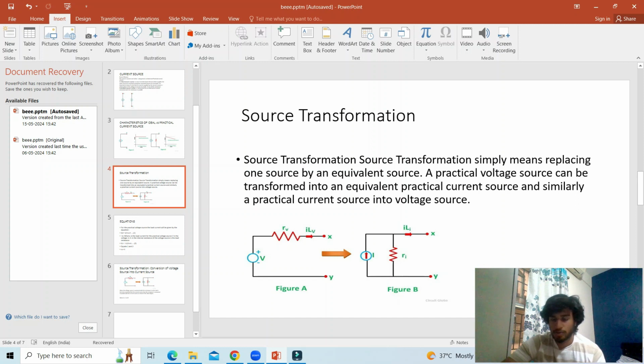Whereas a practical current source is an ideal current source with a resistor in parallel, which has impedance infinity. Those are the definitions of a current source and a voltage source.